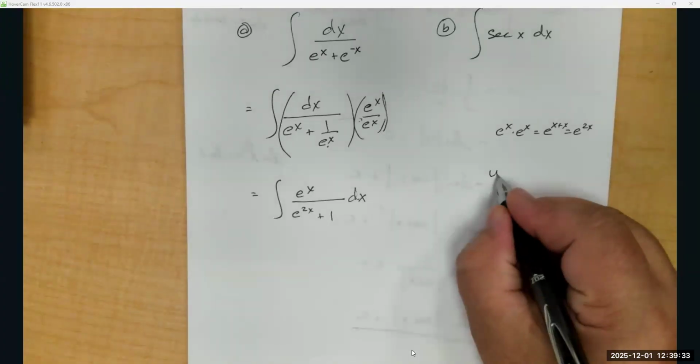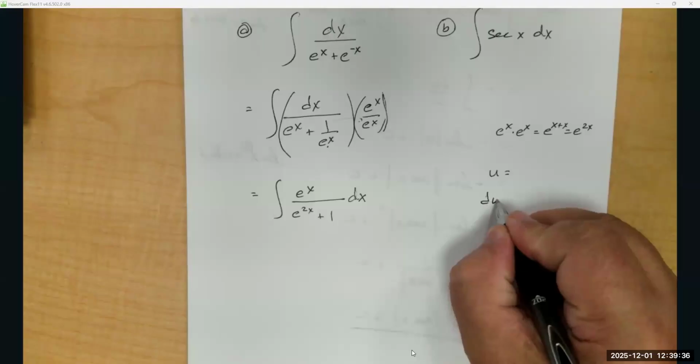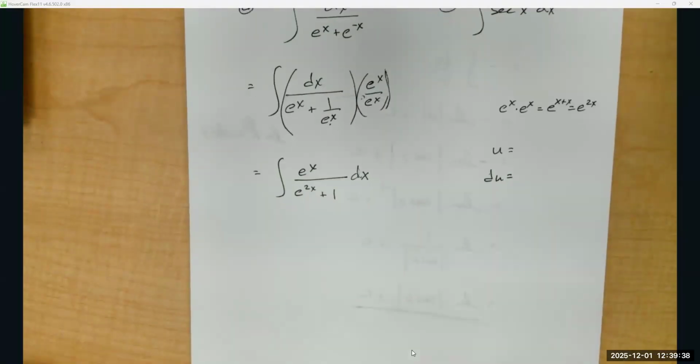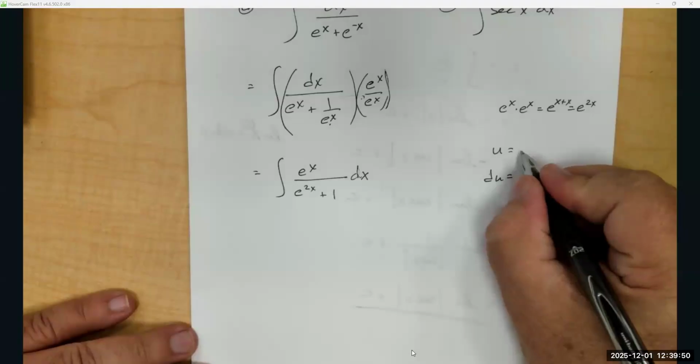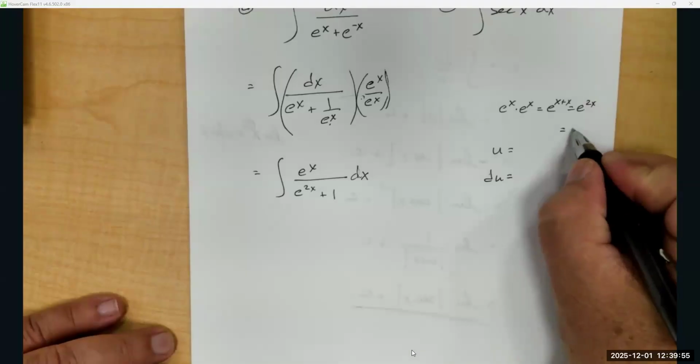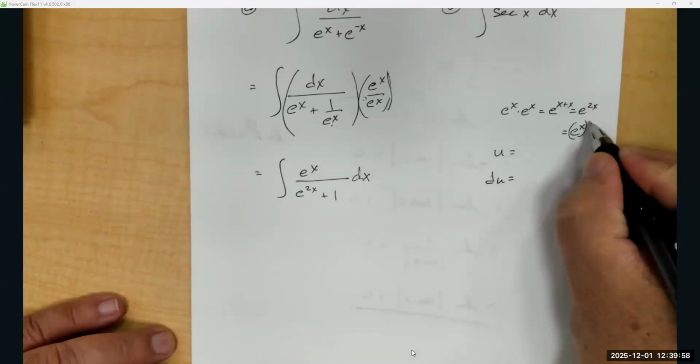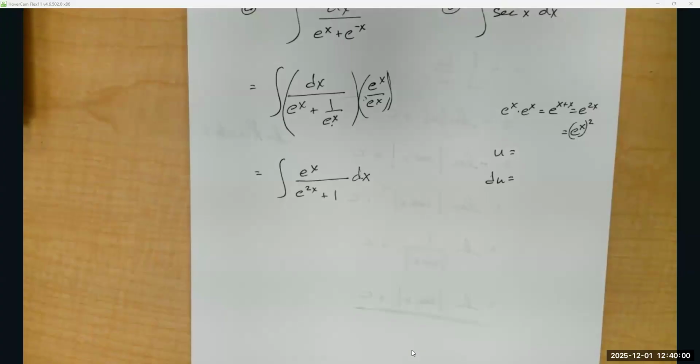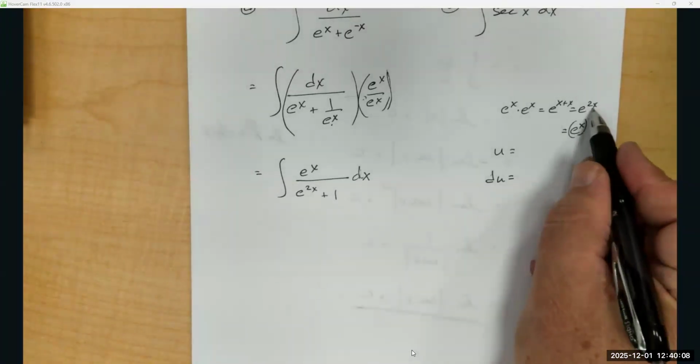So now, can we define u and find du? What is my u? But this one can also be that, because the property is whenever you have power to a power, you multiply.